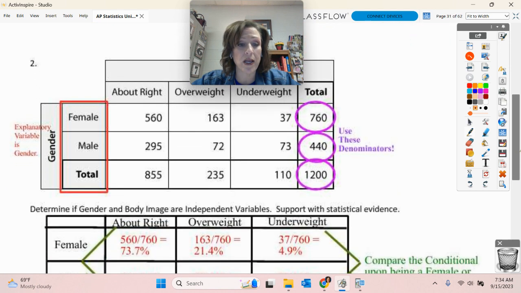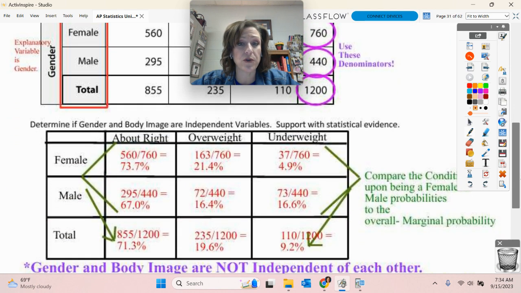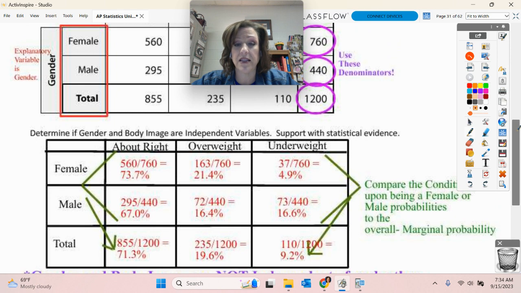All right, so when I showed this chart here, I did the fractions and the decimals to the tenths place so that I can compare and see if they're within 1 percentage point of each other.